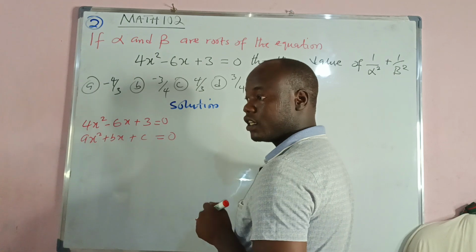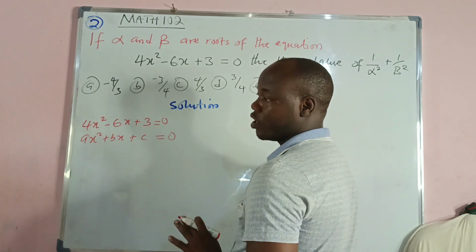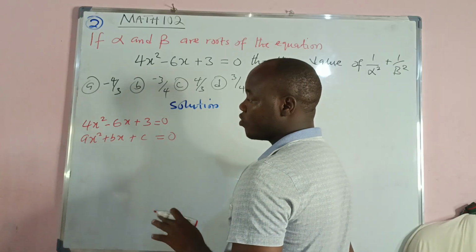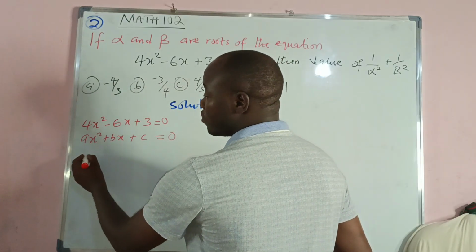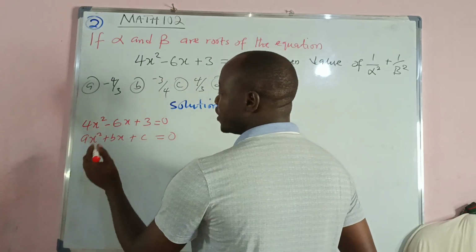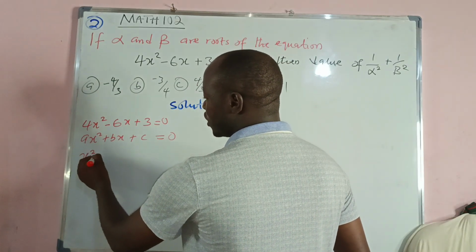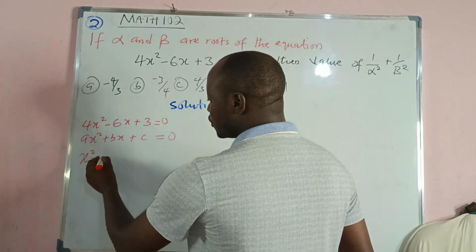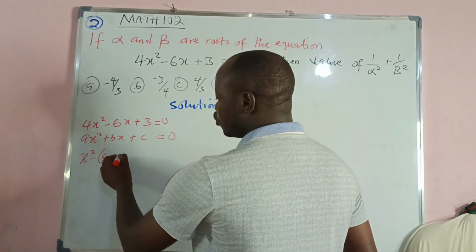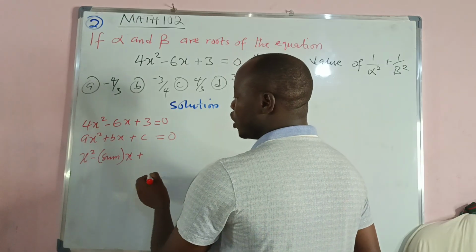Very importantly, we have the summation and the product of the roots. So whenever you have a quadratic equation, we have the summation and the product. The equation is x squared minus (summation of the roots) x plus the product.